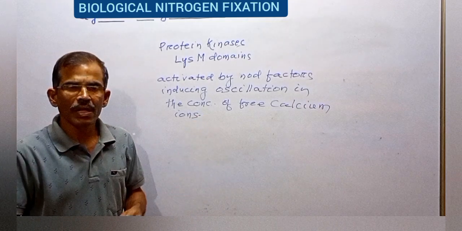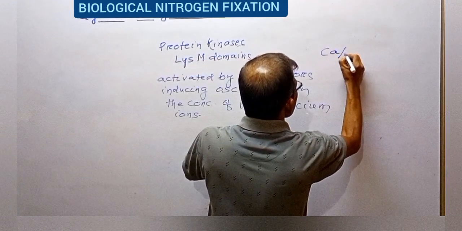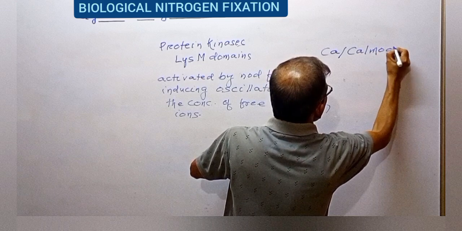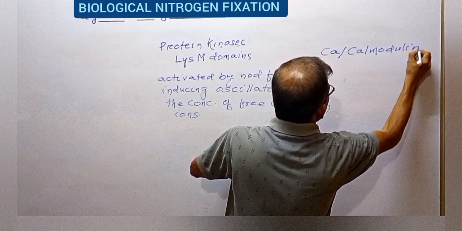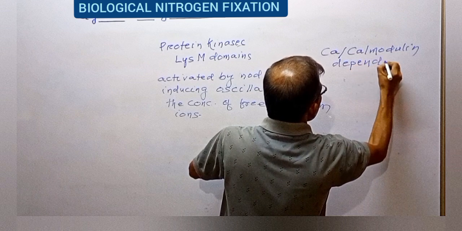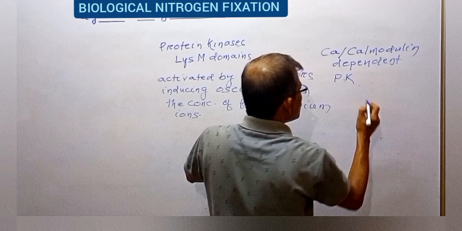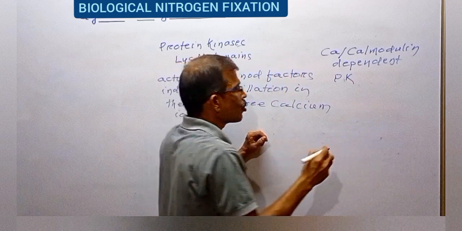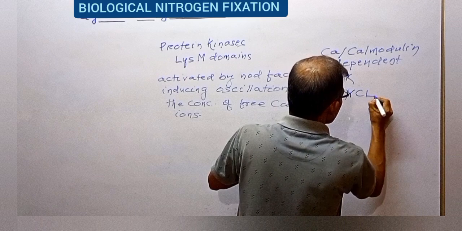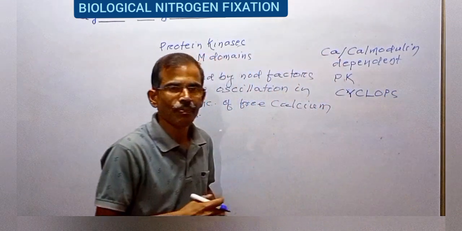Recognition of calcium ion oscillation requires a calcium calmodulin dependent protein kinase, which is associated with a protein known as CYCLOPS of unknown function.